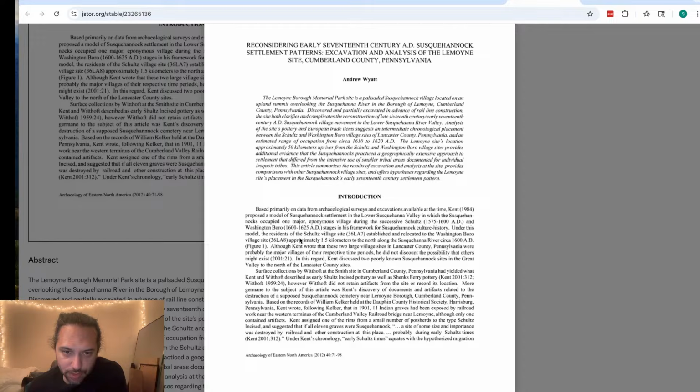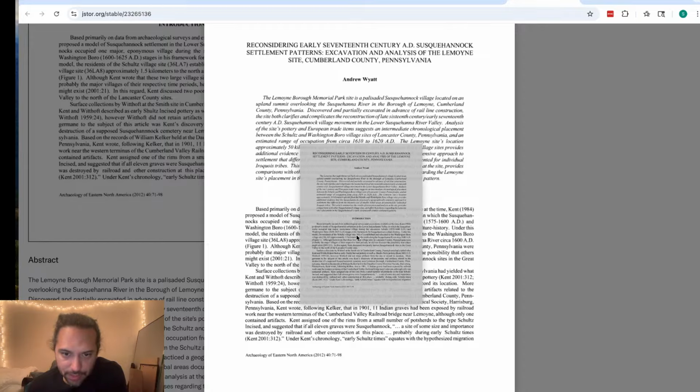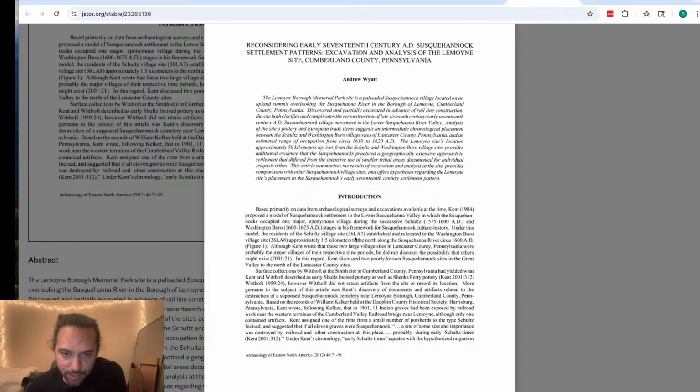Under this model, residents of Schultz Village site. See how these sites have, I don't know if you can see this, but they have 36LA7. There's got to be a map. I have to connect with an academic archaeologist who just has a map of all archaeological sites. That would just be so helpful. That's really what I want. It's what I need to get.